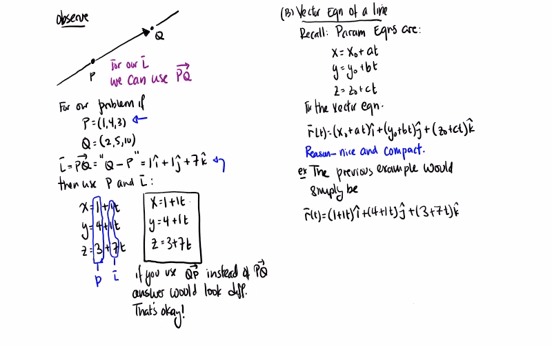And now, in this case, just so that we're clear, each t gives a vector which points from the origin to a point on the line.